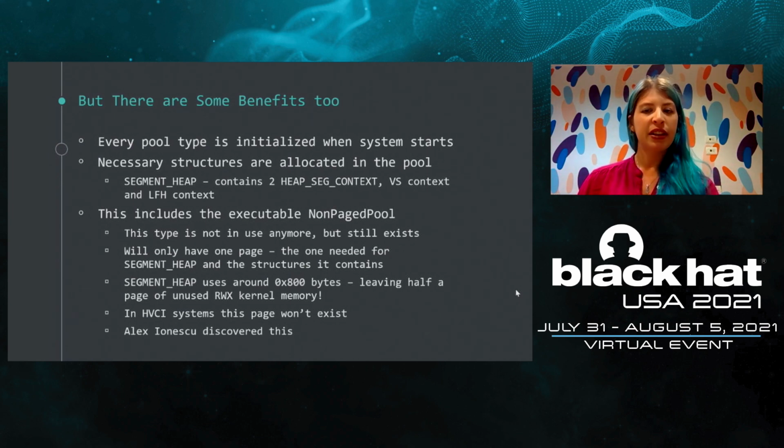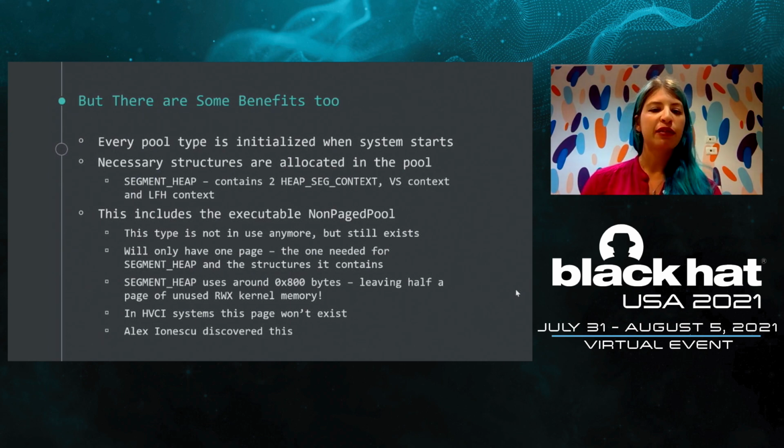Now, yes, there is a segment heap structure there that you don't really want to corrupt, but that structure with all the different nested structures in it takes about half a page, around 800 hex bytes. That leaves you with about half a page of read, write, execute memory in the kernel, even if no one uses any regular non-paged pool memory at all.